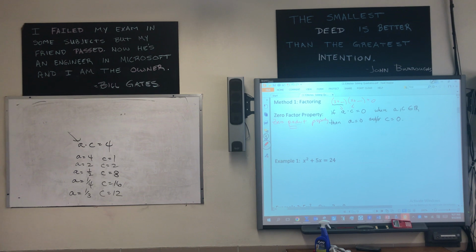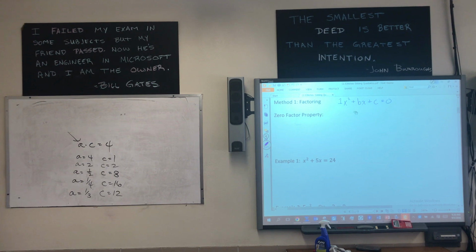All right, I want to talk about the number one technique that you guys know how to use in regards to factoring. And that occurs when we have something of the format 1x squared plus bx plus c equals 0, with a 1 out front.